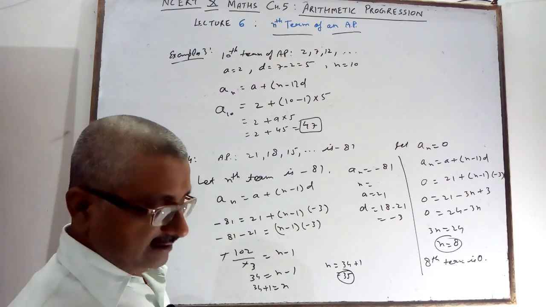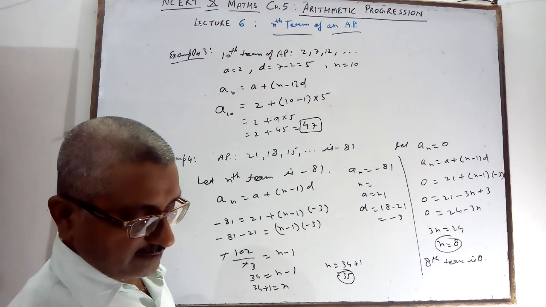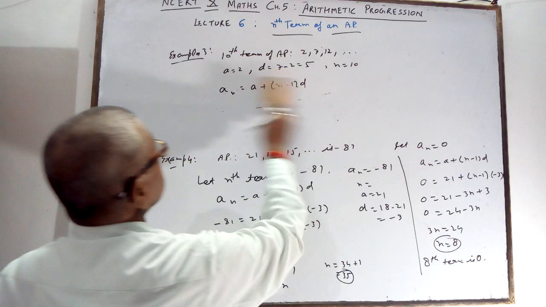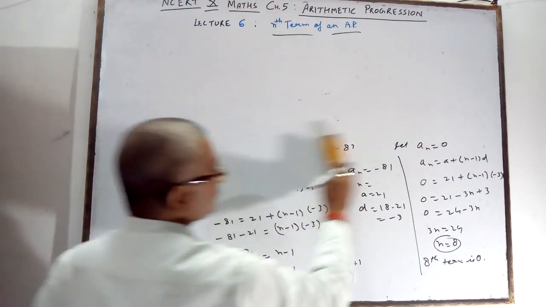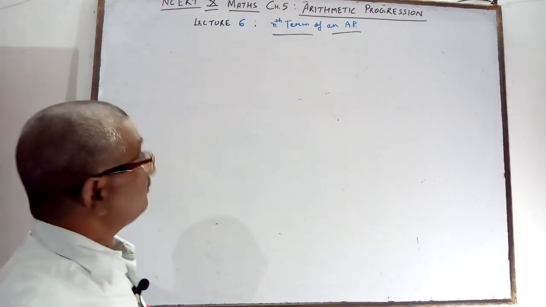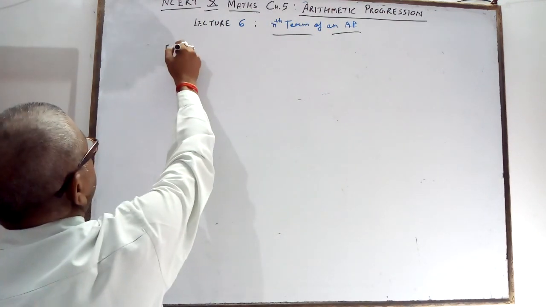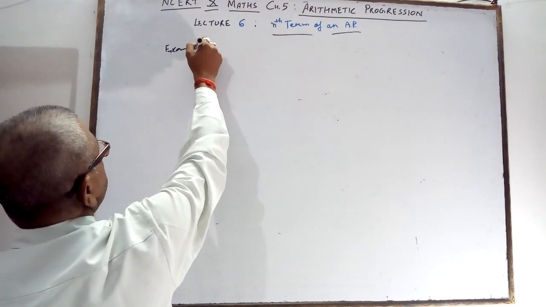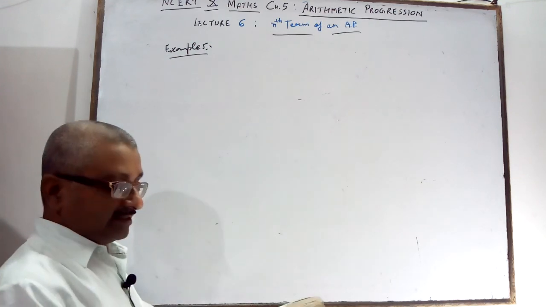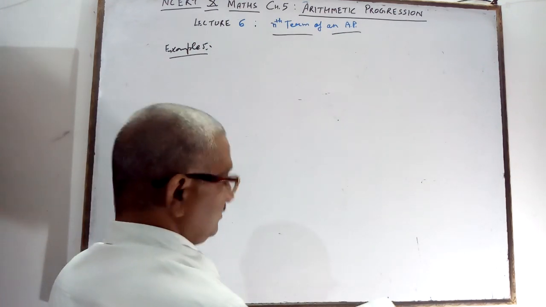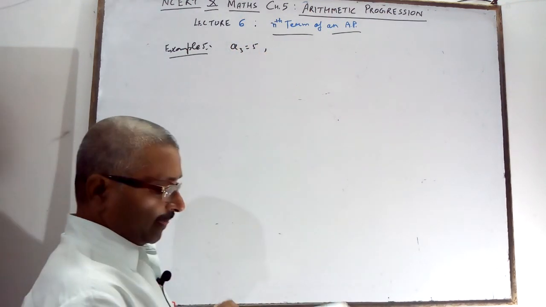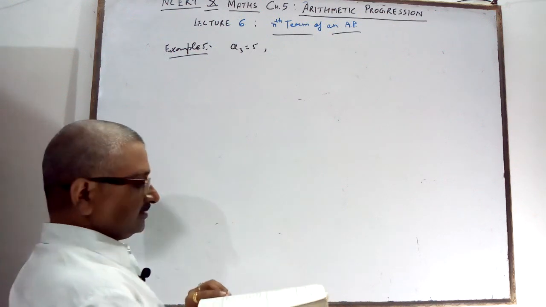Example 5 is given: determine the AP whose third term is 5 and seventh term is 9. In an AP, the third term is 5, A3 is 5, and A7 is 9.